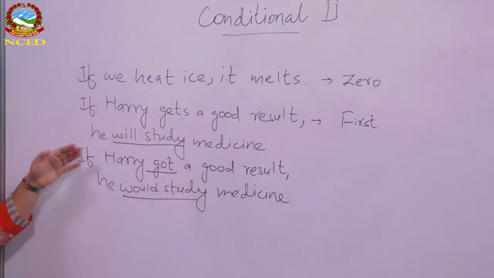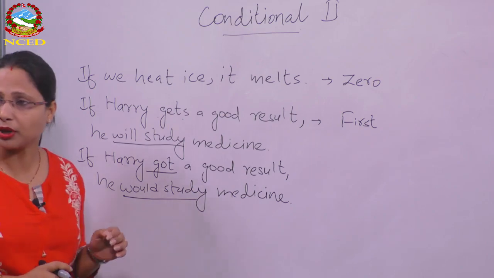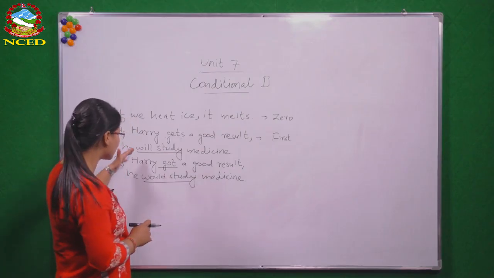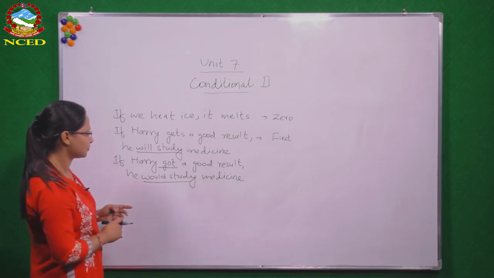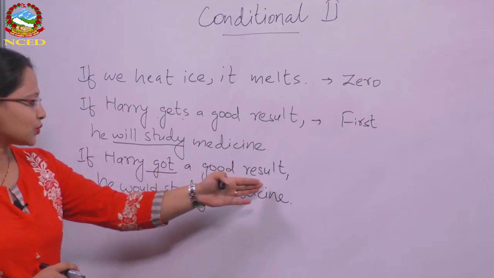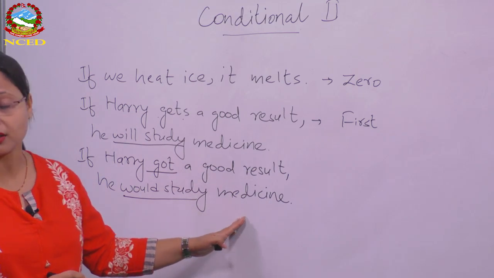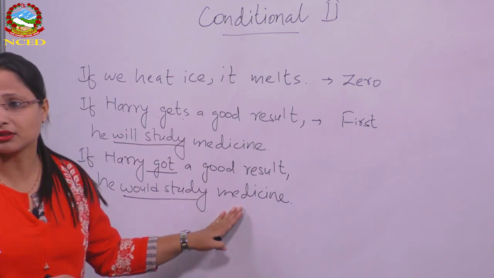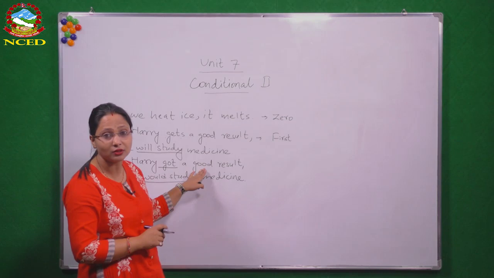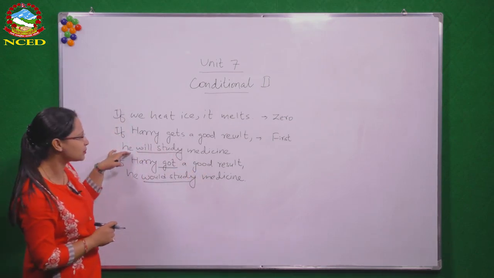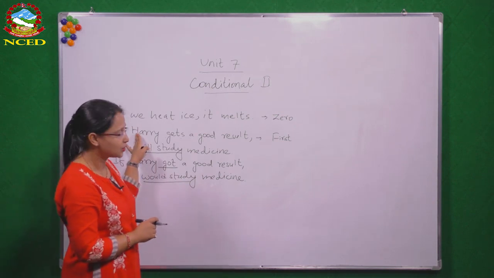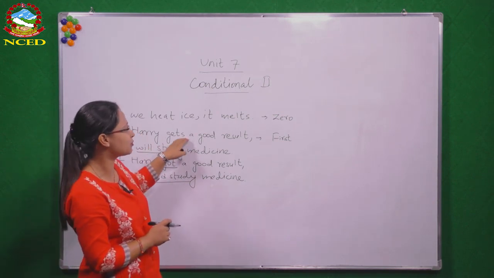Structurally, just the tense is changed, but meaning-wise, what is the major change? What do you notice? If Harry got a good result, he would study medicine means it's not possible for Harry to get a good result. In the first case, it's possible because Harry is a good student, so it's possible for him to get a good result.